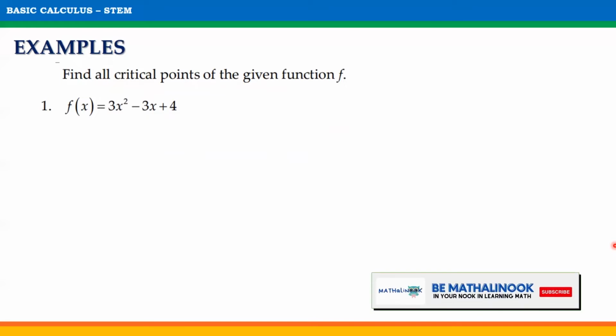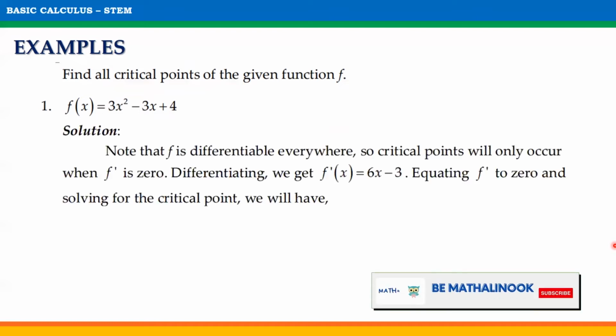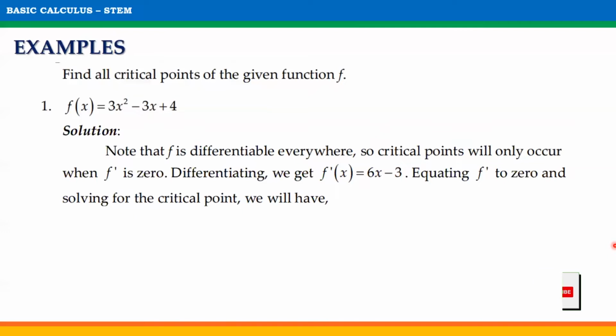Suppose we have a function f of x equals 3x squared minus 3x plus 4. Note that f is differentiable everywhere, so critical points will only occur when f prime is 0. Differentiating, we get f prime of x is equal to 6x minus 3.